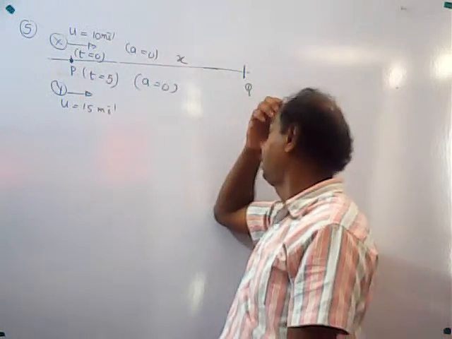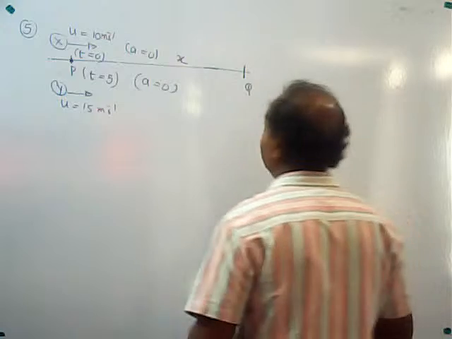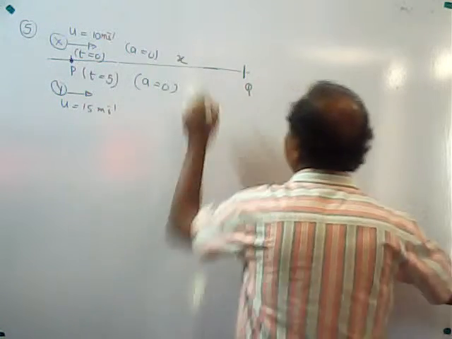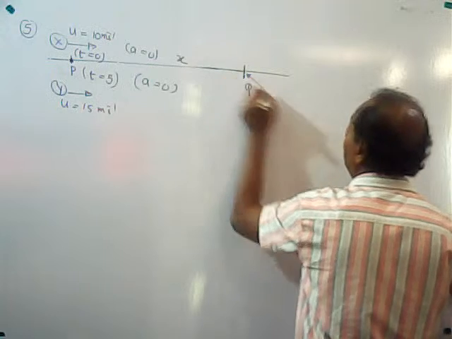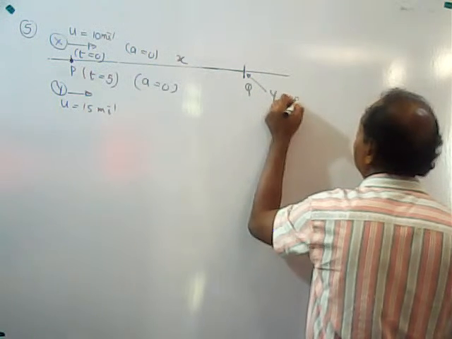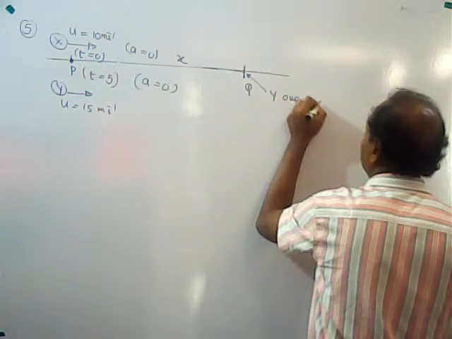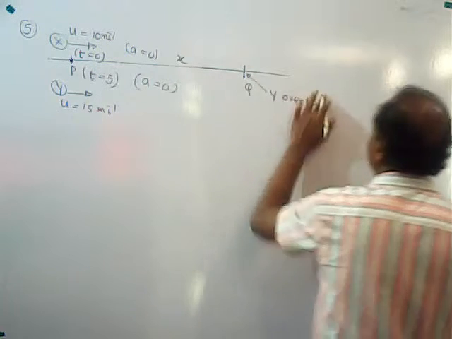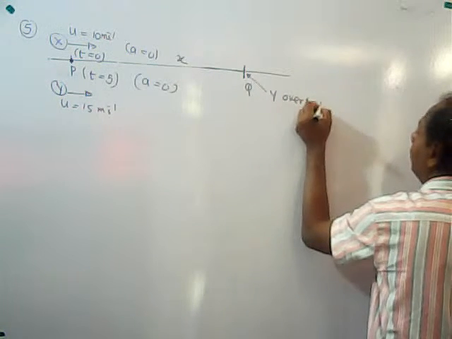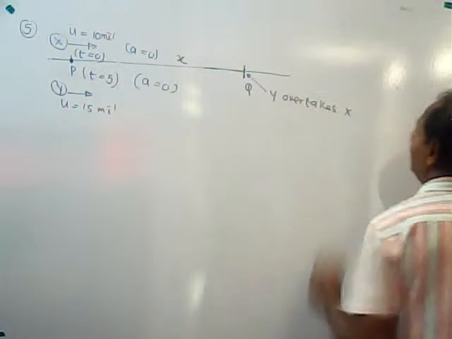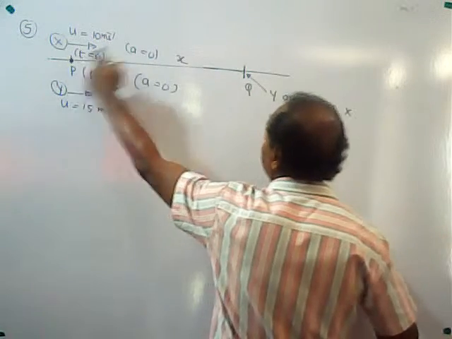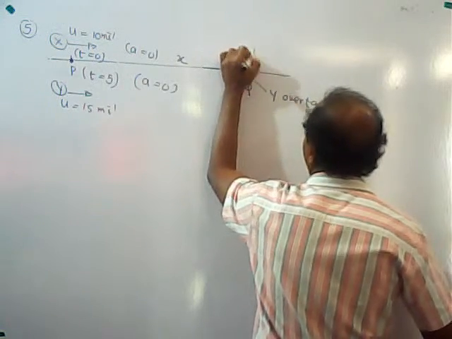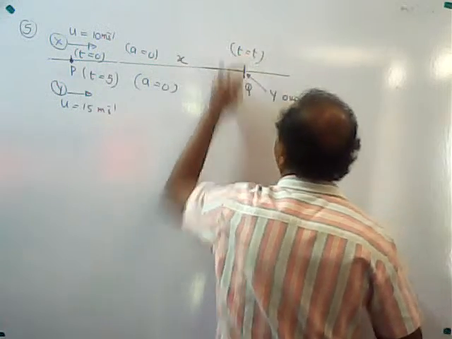Say X reaches the point Q, where Y overtakes X. Say X needs a time t to reach the point Q.